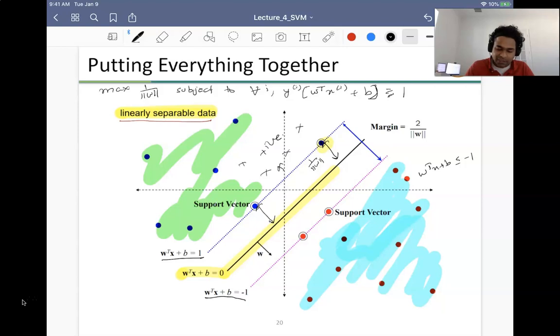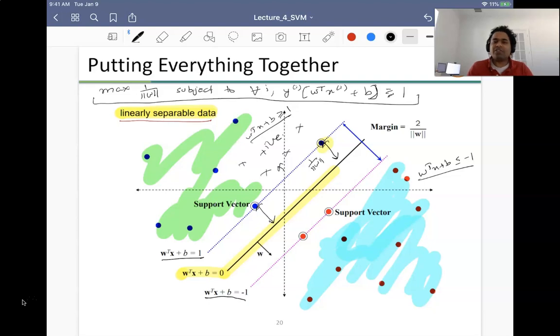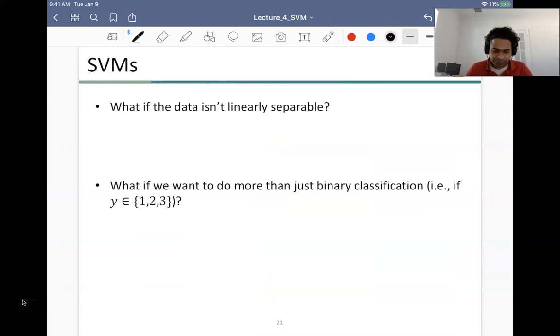This is the way you can pose this constrained optimization problem, which is what we saw in the first part. I just wanted to give a very quick recap.